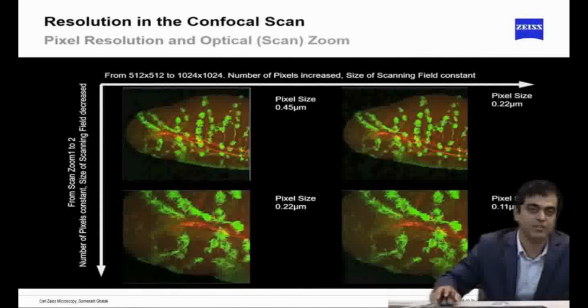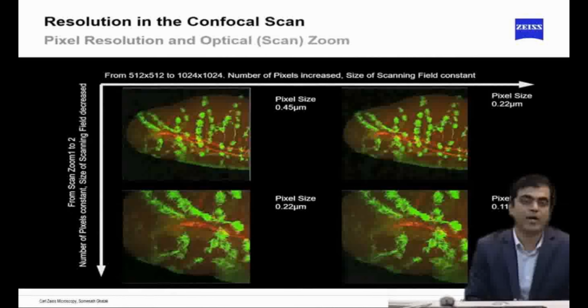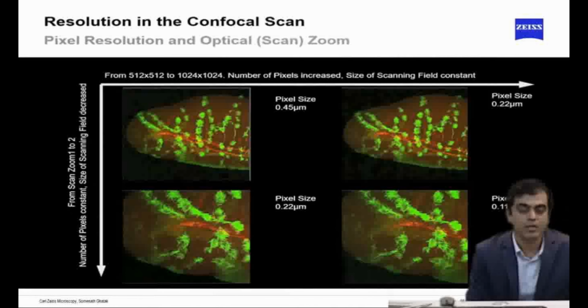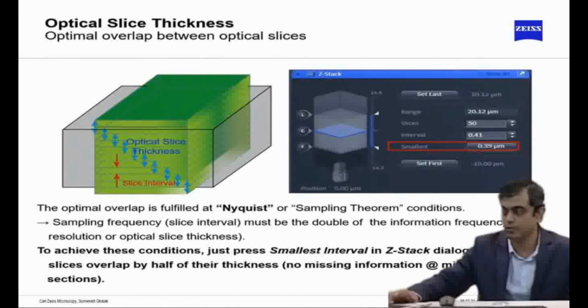So in the first image, you can see from 512 by 512 to 1K by 1K, if you are increasing the pixelations, the scanning is done for the same field of view. So there is no change in the field of view, the same image size is being done. But if we scan from zoom 1 to zoom 2, the number of pixels doesn't change, but the field of view decreases. So with a magnified image for a very specific region of the entire image, we can also zoom in and take it with the same resolution which has been acquired for the larger one, without compromising on the resolution.